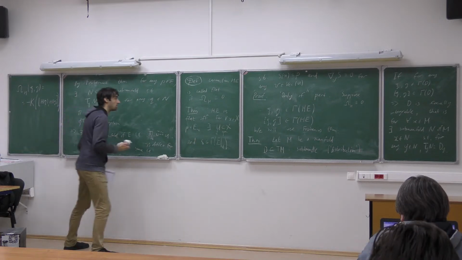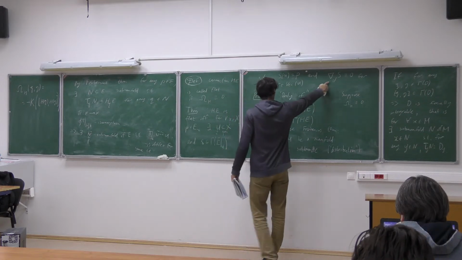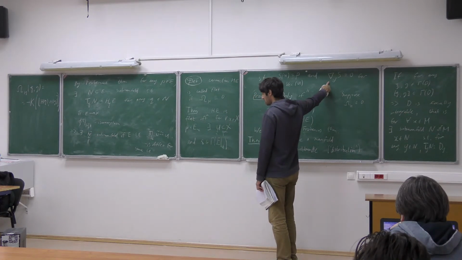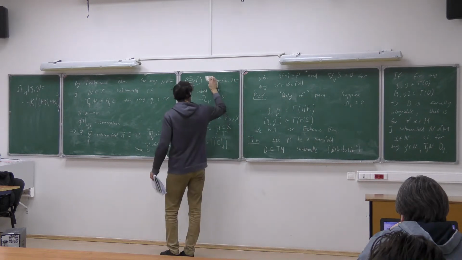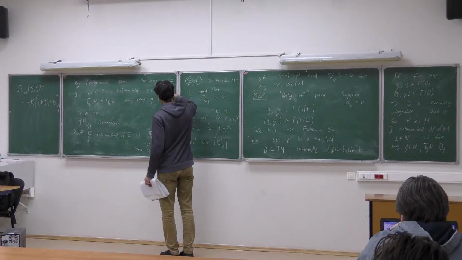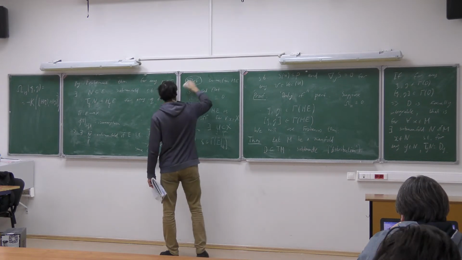Right? So we need a section such that the covariant derivative in any direction is 0. All right. And this section goes through any arbitrarily chosen point.